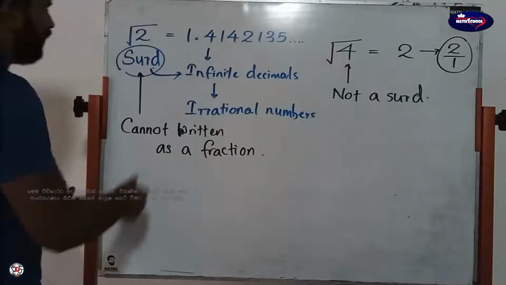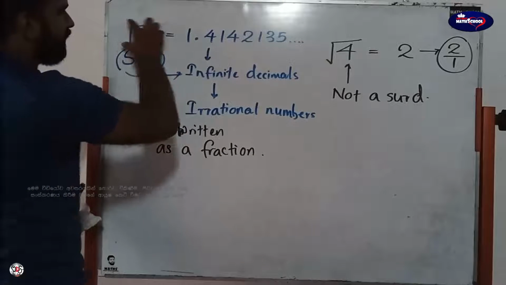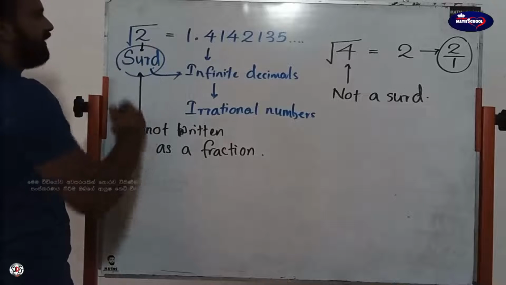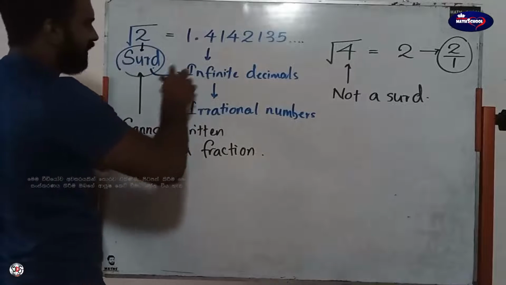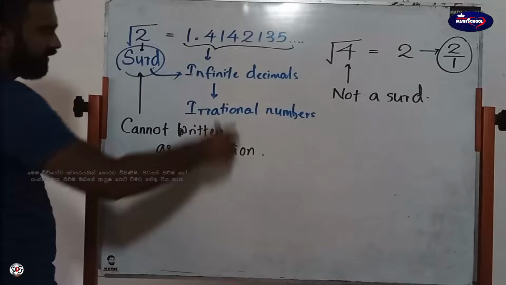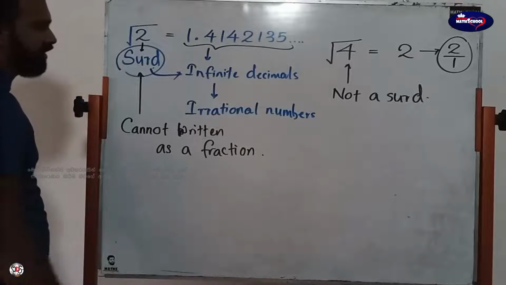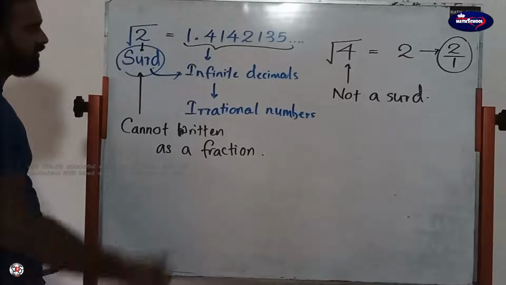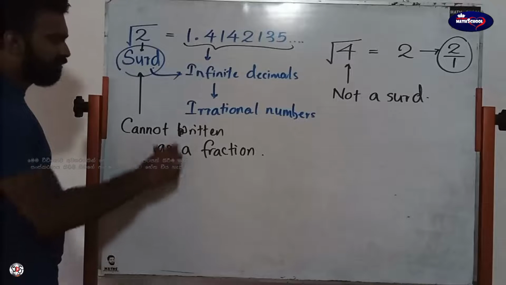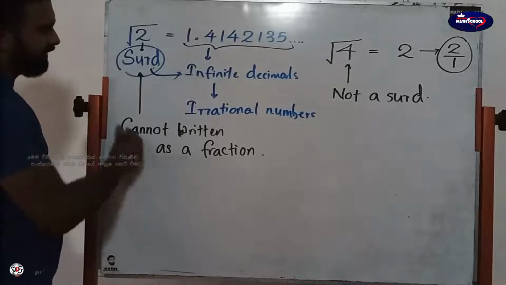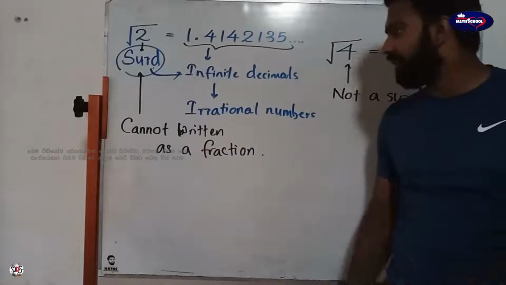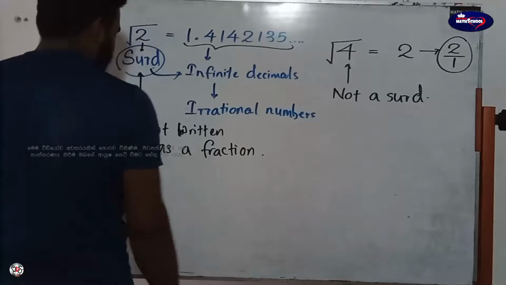So you all can write this down. Just write down, this is a surd. Here this is an infinite decimal, so it is an irrational number. So surds will all automatically be irrational numbers. Use your red pen and write down: a surd cannot be written as a fraction.